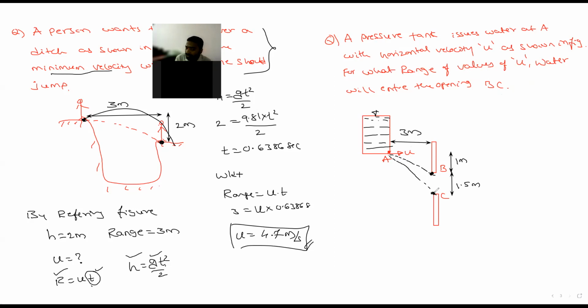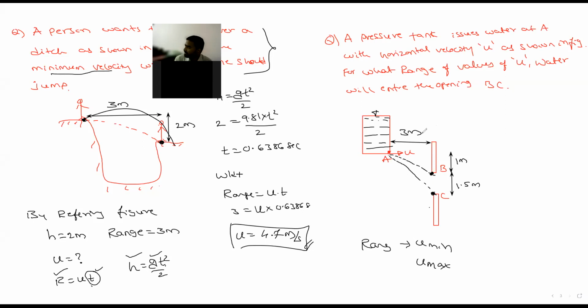Maximum is you have to give at C. If you give less than this, it will not enter into the BC. If you provide more than the maximum value, it will not enter into the BC. It will strike over here. मुझे ऐसे range चाहिए. Range means minimum u value and maximum u value.